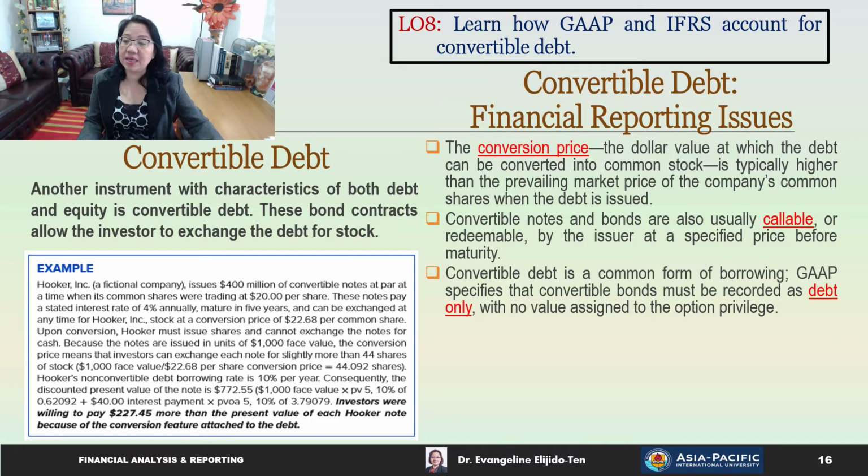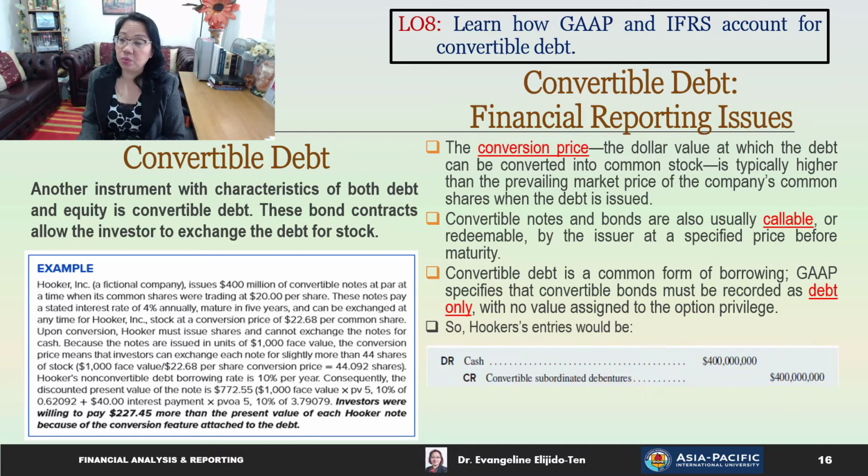GAAP specifies that convertible bonds must be recorded as debt only, with no value assigned to the option privilege. Remember, the option privilege in the Hooker example is worth $227.45, but it says here no value is assigned to the option privilege.